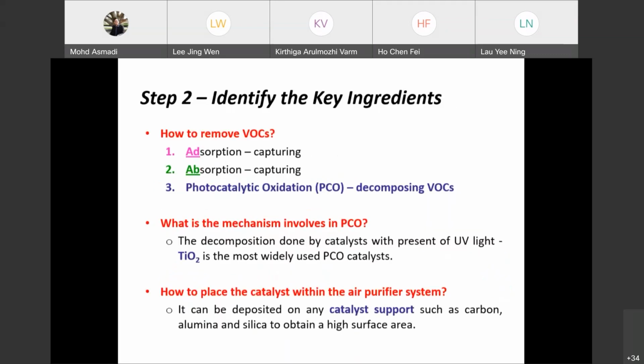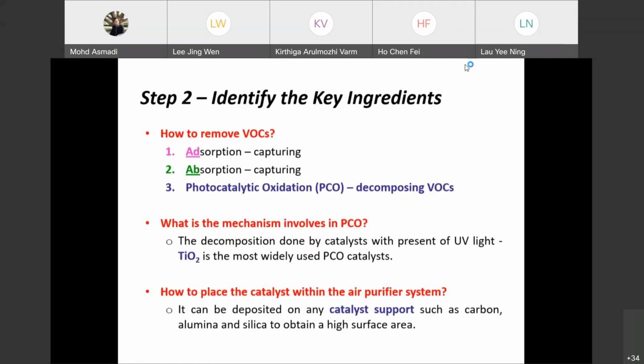If you look here, the 3 methods. Adsorption and absorption are both capture. The difference is that adsorption is just on the surface.